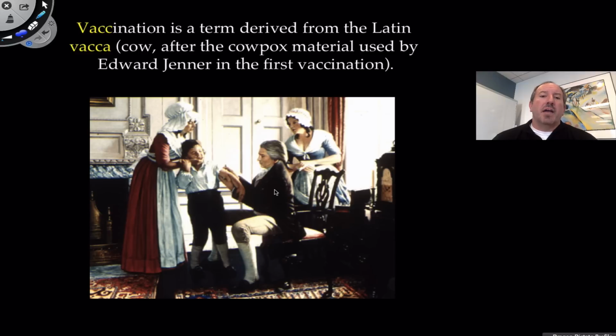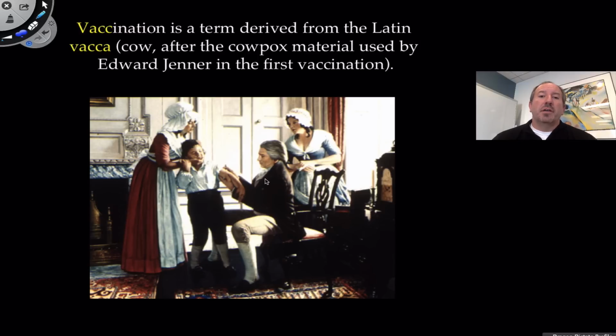As it turns out, Dr. Jenner dealt with a lot of patients that had smallpox, and basically there's nothing you can do about it other than put them in isolation and quarantine them away. Now, I may have the story incorrect, but this is what I've heard.